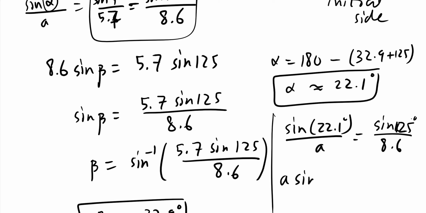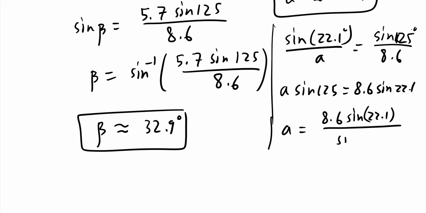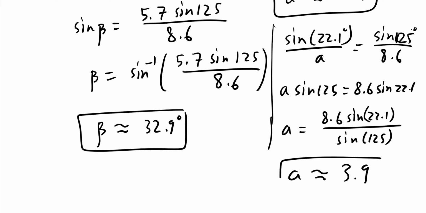A times sine 125 equals 8.6 sine 22.1. So A equals 8.6 sine 22.1 divided by sine 125. So A becomes, I got 3.9. So we solved for all the elements they ask us to solve within that triangle. So we can look at now a different example.